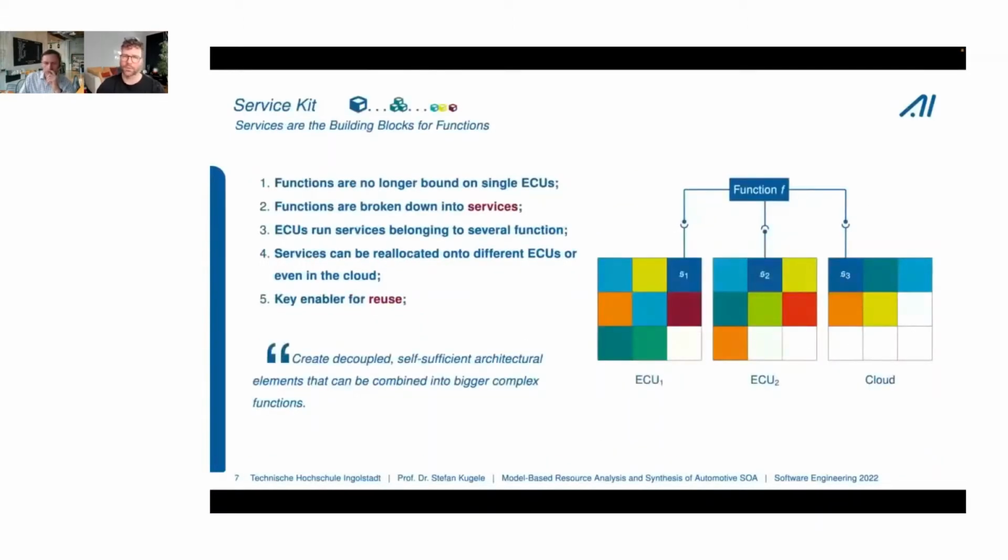We use services because we have many thousands of functions, and those functions are really complicated. What we try is to break down the functions into smaller reusable components. These components are what we call services, like these colorful blocks here. By putting them together, by playing a Lego game, we build up reusable functionalities.